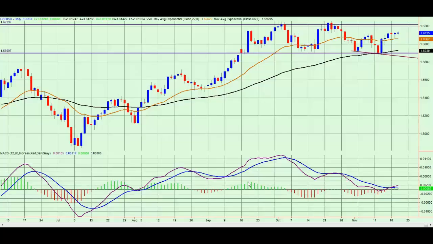Even though price had got into resistance, the upward momentum had declined. I'll show you that by plotting a trend line from the highs of this upward trend to the highs of the next peak.